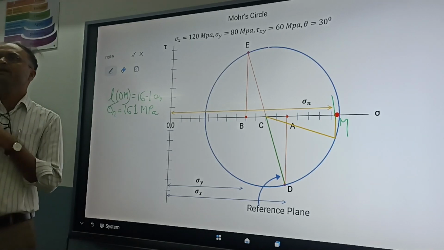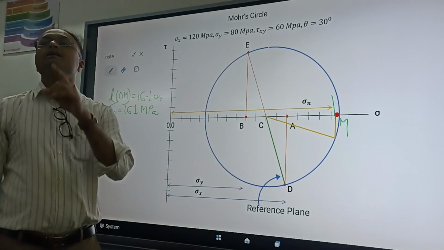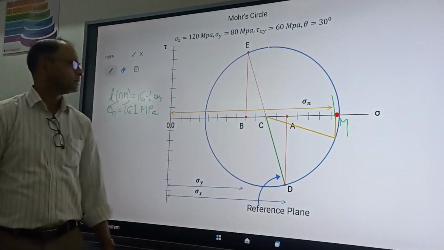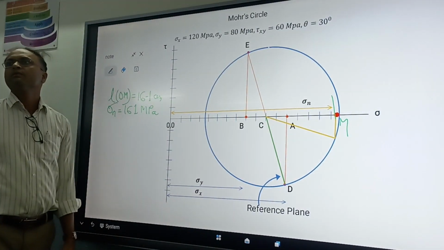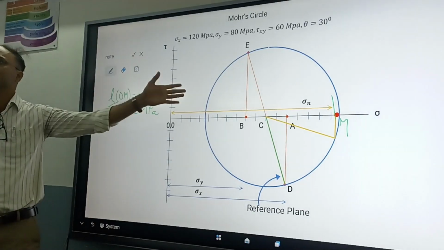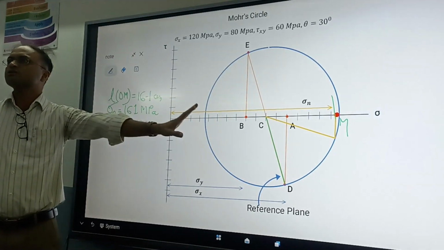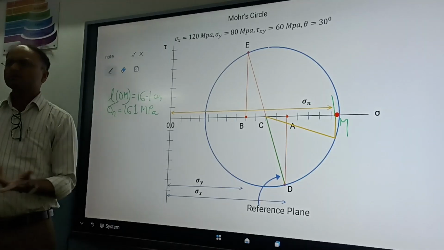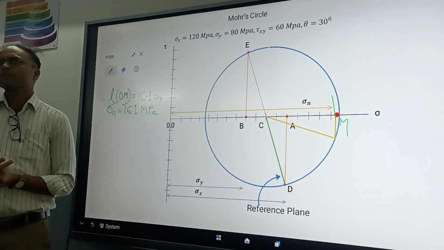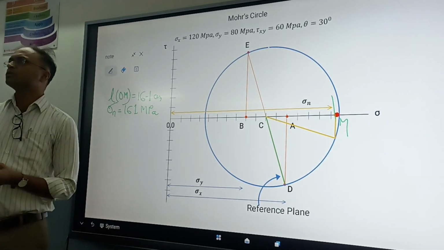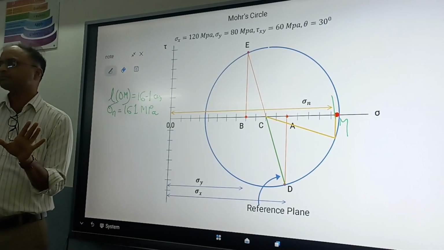And what was the analytical value of sigma m? 161. So graphically also we obtain the same value. Have you all understood? 161.2. That small variation is acceptable. Plus minus 1 or 2 MPa is acceptable.